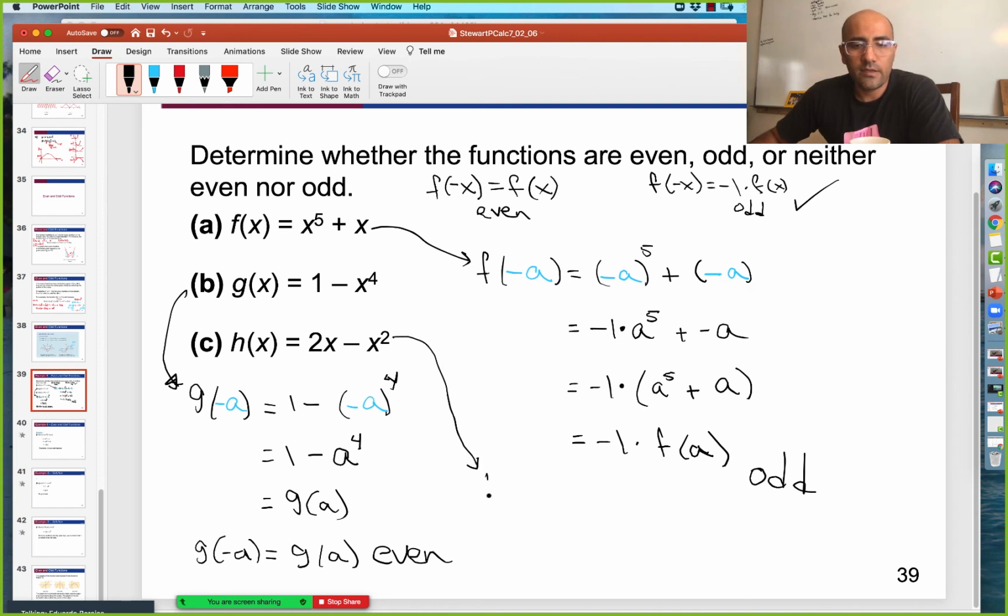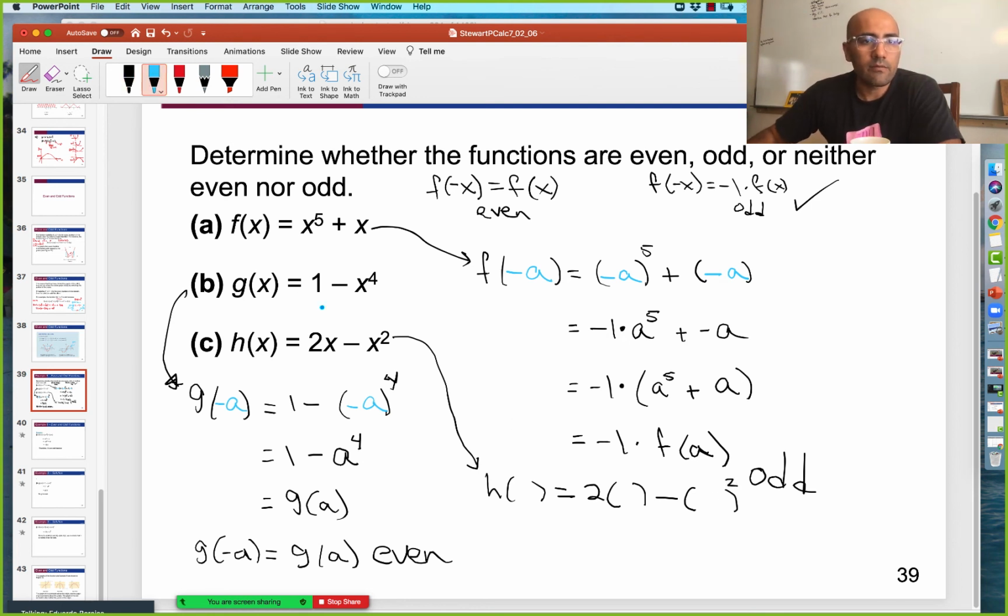For this one, h of blank equals 2 times blank minus blank to the power of 2.